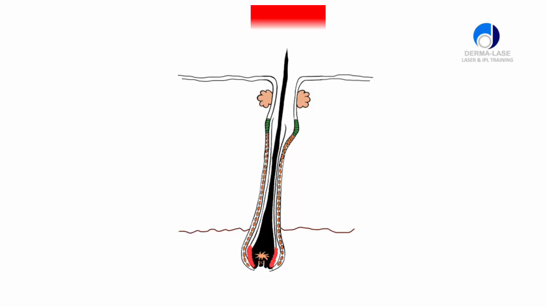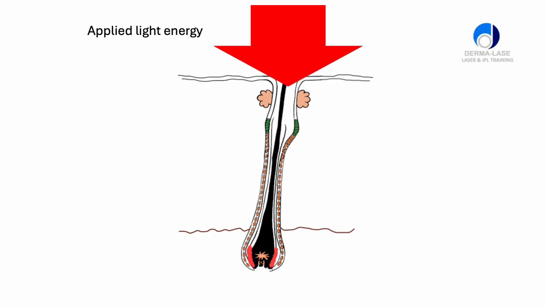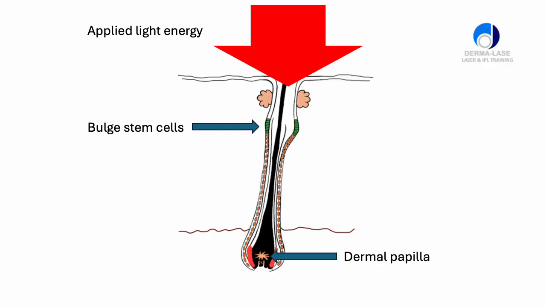So the idea is that we fire some light energy, typically red or infrared, to target the bulge stem cells, which are typically around 1.5 millimeters deep, and the dermopapilla cells, which can be anywhere from 2 to 5 millimeters deep. Now, it has to be remembered that neither the stem cells nor the papilla cells have a chromophore which can absorb this light that we fire.